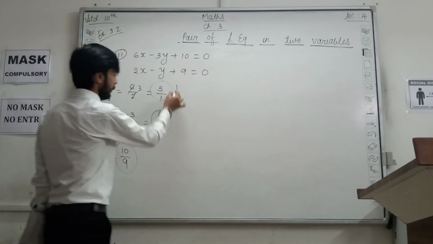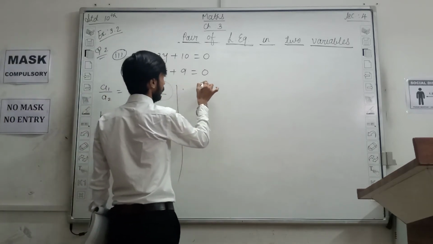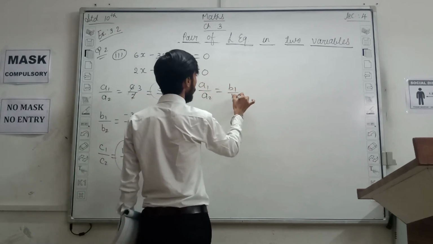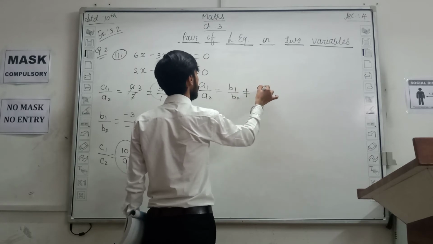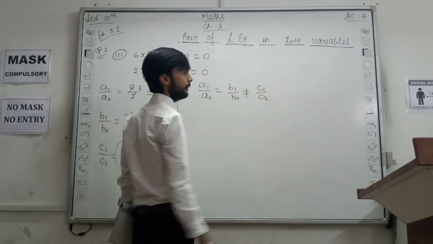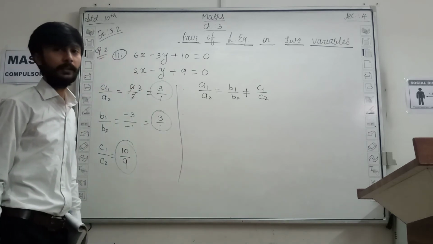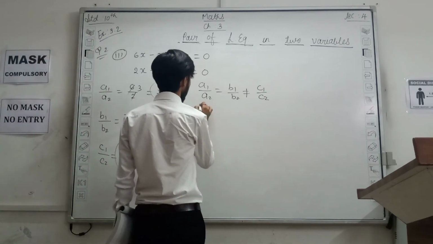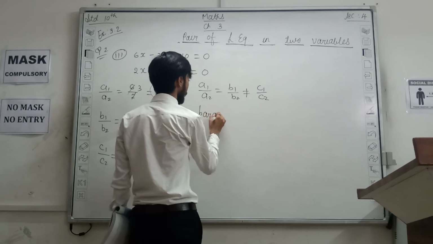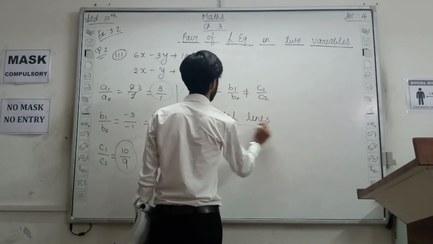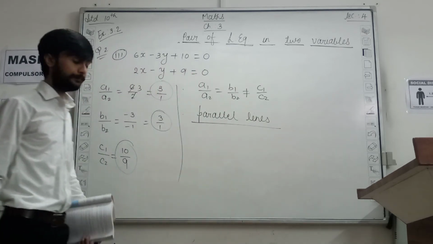So a1 upon a2 equals b1 upon b2, but which does not equal c1 upon c2, and therefore the given pair of linear equations are which type of lines? Parallel lines.